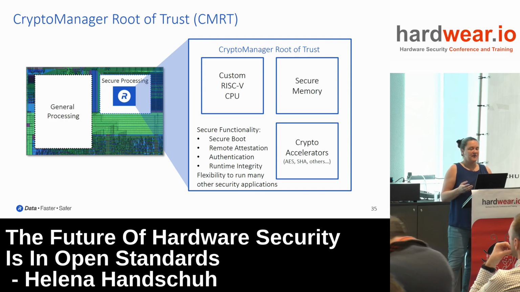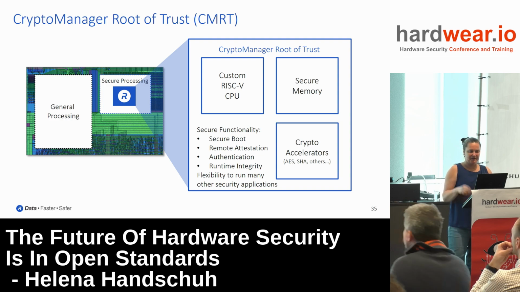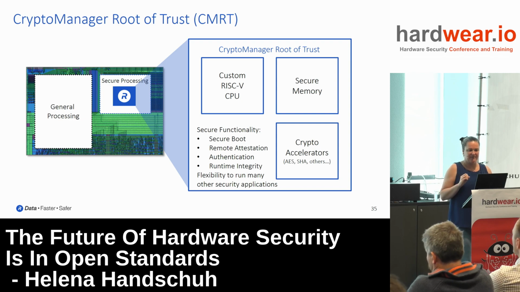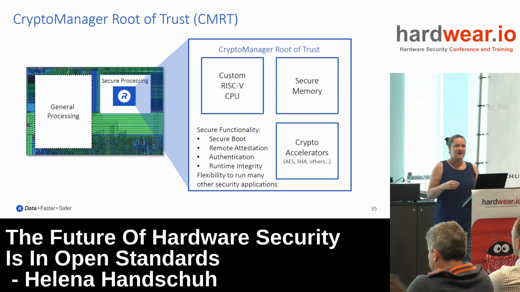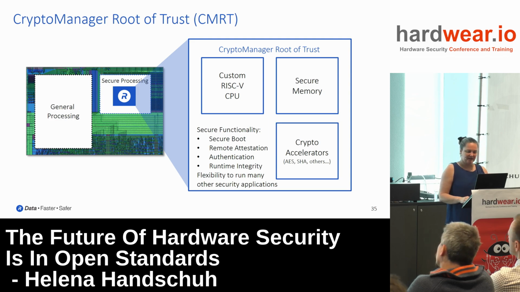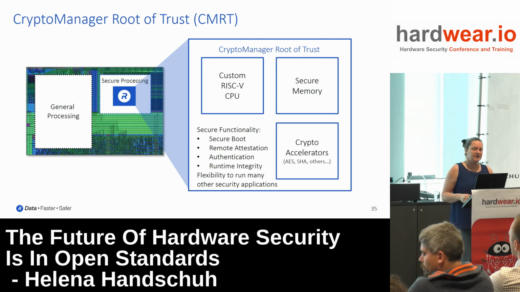Okay, so what do you have in there? Inside your secure boundary, you have a custom RISC-V CPU. That's why I'm mentioning this, so I'll come back to RISC-V a little bit later. You have a part of secure memory, which means you have your own SRAM to compute in. You have your own dedicated non-volatile memory and OTP. And you have crypto acceleration: AES, SHA, public key acceleration engines, and so on.